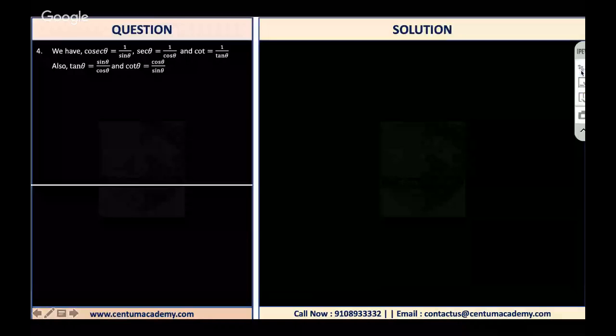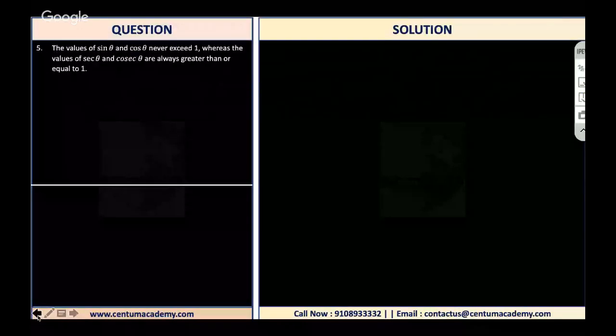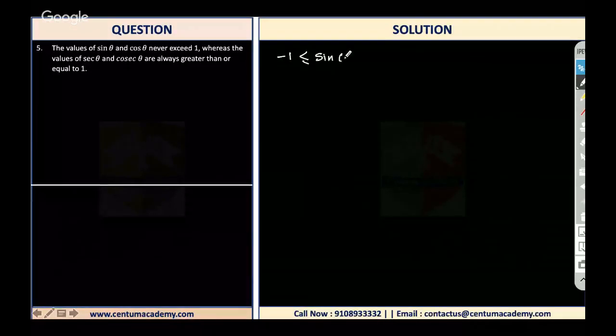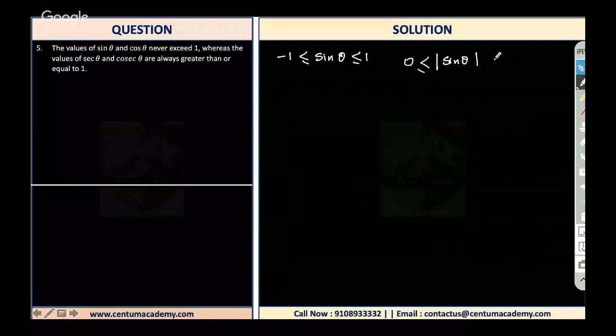Next, this is very important. Please remember the value of sine theta and cos theta never exceeds 1. So we can say -1 is less than or equal to sine theta, less than or equal to 1. Or you can say mod of sine theta is always greater than or equal to 0 but less than or equal to 1.